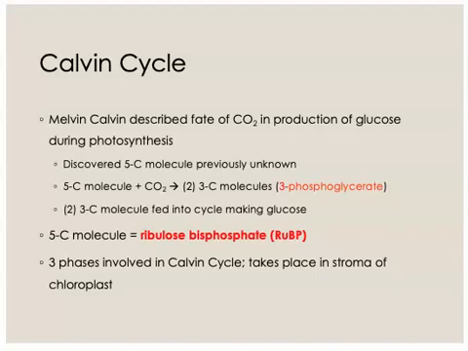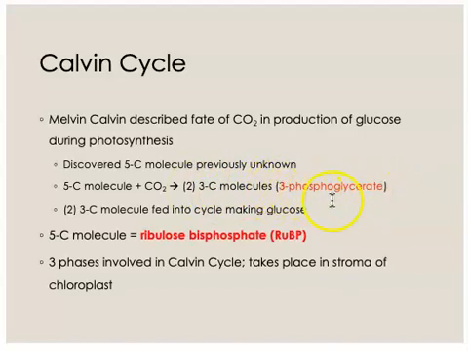What Calvin discovered was a very interesting molecule, a 5-carbon molecule that no one had discovered before, by the way, which could combine with carbon dioxide and produce two 3-carbon molecules called 3-phosphoglycerate.